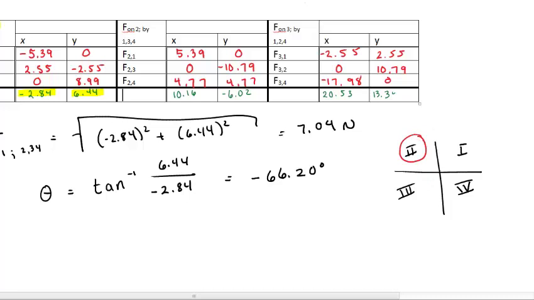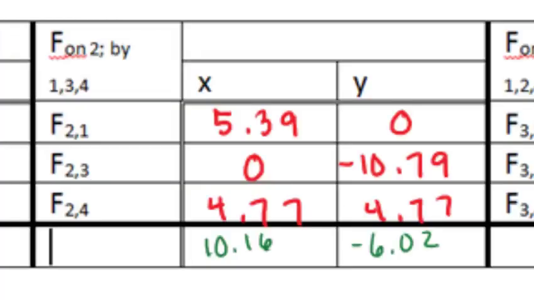That means it's in quadrant 2, so it's going to look something like that. So for quadrant 2, I have to add 180 degrees to get my final angle. And I get theta is equal to 113.8 degrees.